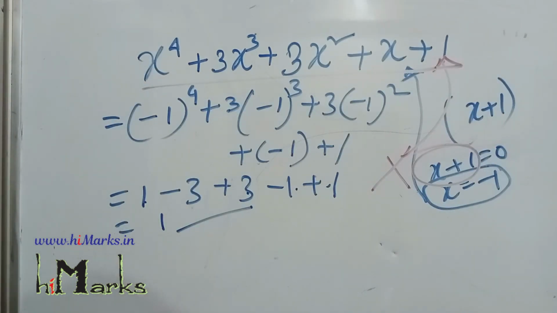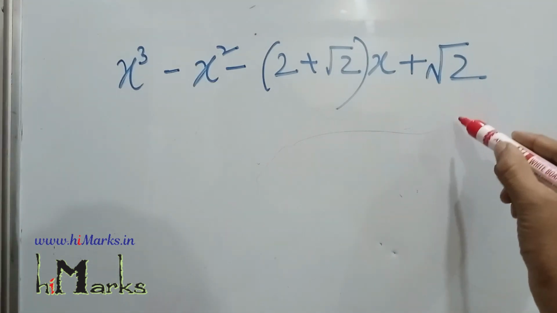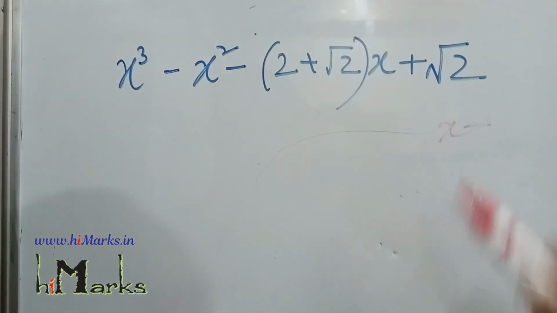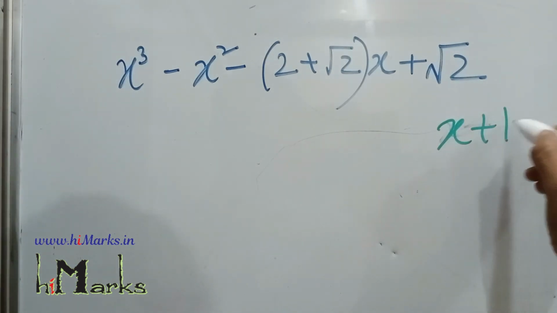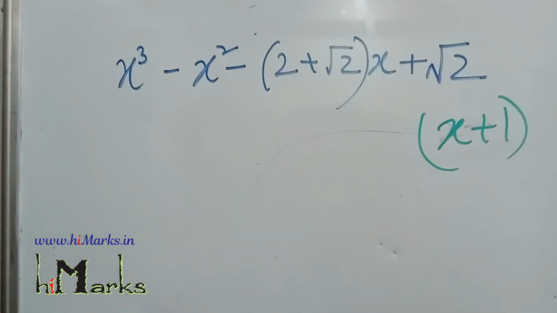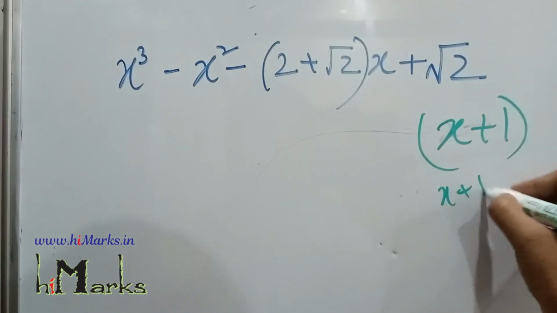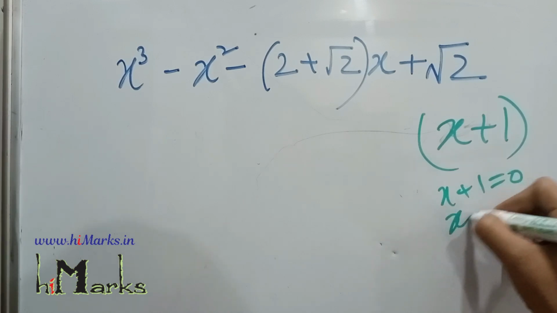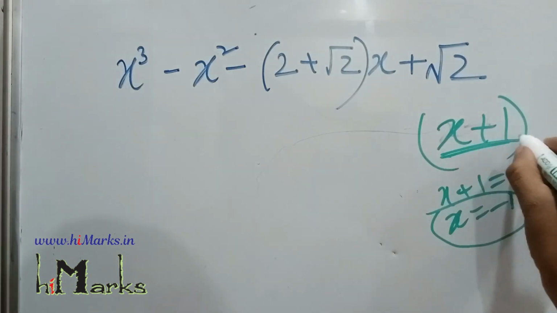In this polynomial, it is asked whether x plus 1 is a factor or not. So for testing, you have to put x equal to minus 1 in this equation to understand whether this is a factor or not.